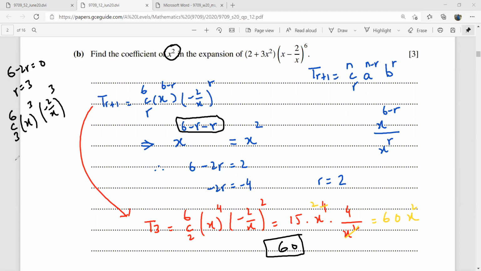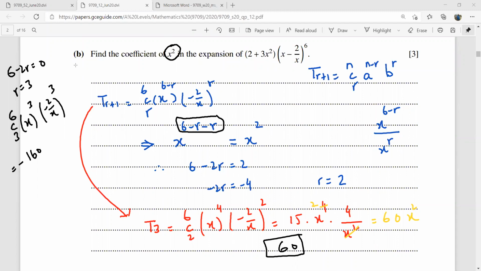So what is 6C3? This is going to be minus something, times 8, so it's minus 160. Okay. So now I'm ready to find the answer of this. And I have the other one that is 60x squared. Just remember that 60x squared.